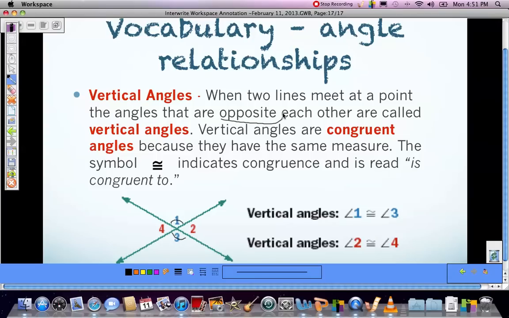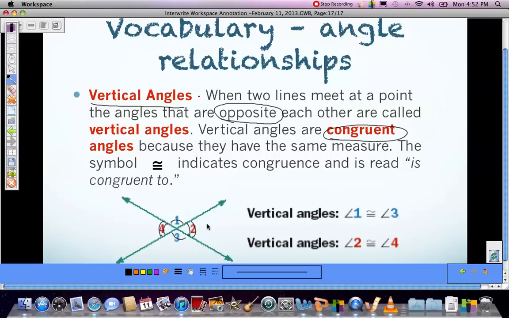So make sure you highlight or underline the word opposite. Your vertical angles are angles that are opposite. They are also congruent, which means they are equal. So using the symbol, you can see that angle 1 is congruent to angle 3. Angle 2 is congruent to angle 4 because they are opposite one another.